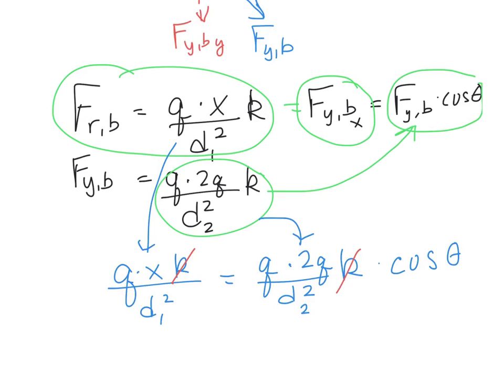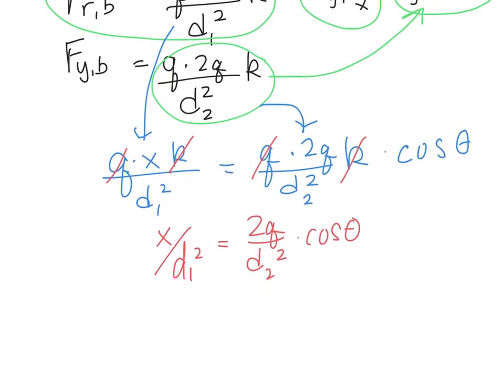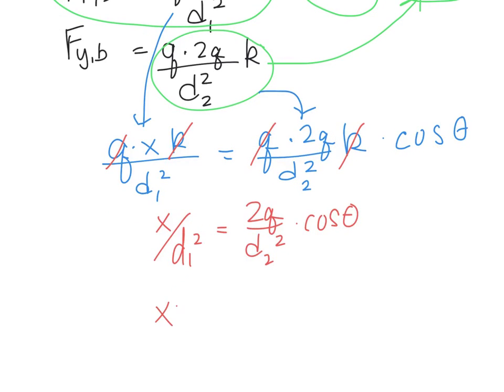Cancel my k's out, cancel one of my Q's out. And I've got X over d1 squared equals 2Q over d2 squared times cosine of theta. I have to solve for X, that's the unknown charge on the red sphere. So X equals 2Q d1 squared over d2 squared times cosine theta.